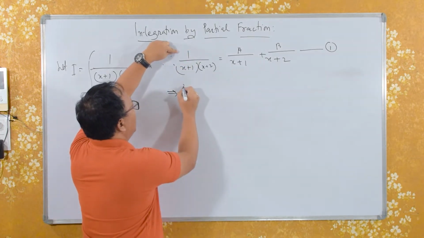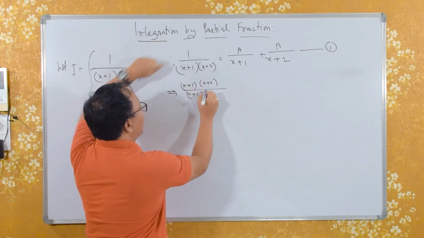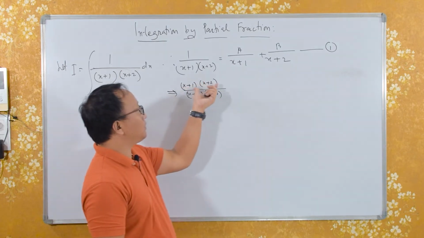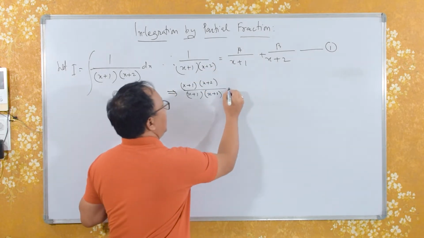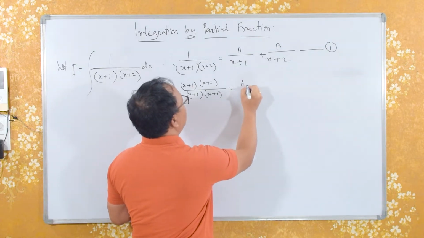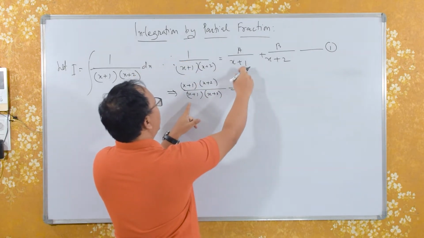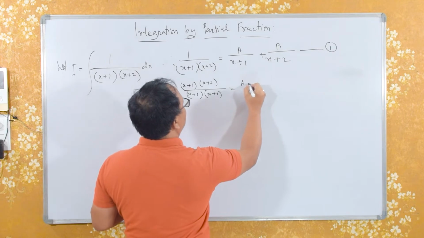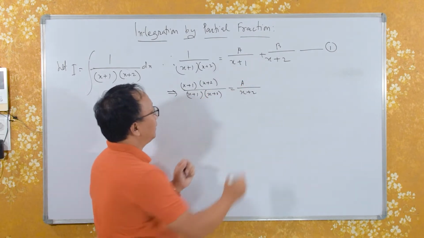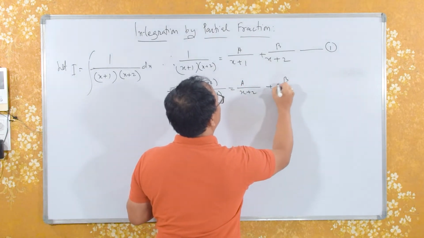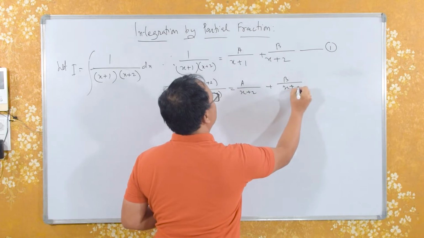So I will be getting (x plus 1)(x plus 2) upon (x plus 1)(x plus 2) is equal to A into, now in this term, x plus 1 and x plus 1 will get cancelled, so I will be getting x plus 2, plus B into, and then x plus 1.